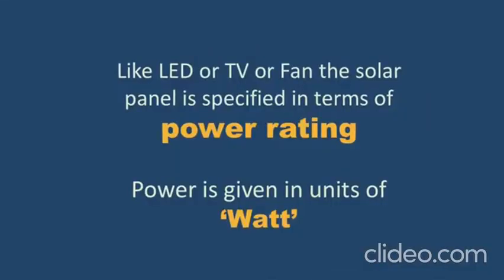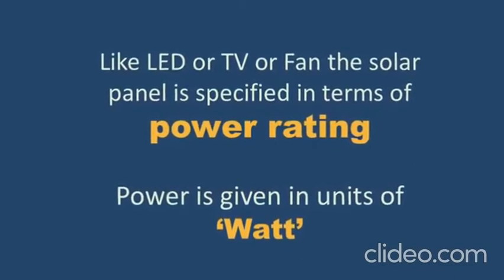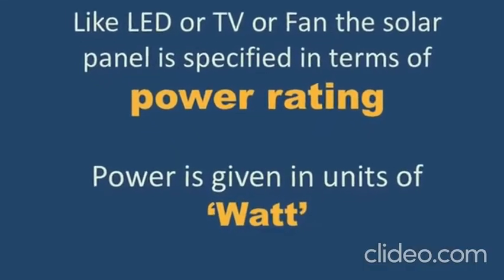So how do we specify a solar panel? Like we specify a LED or a TV or a washing machine in terms of its power rating. We specify power plant in terms of power rating. Similar to that, we specify a solar panel in terms of its power rating. And what is the unit of the power? Watt, that we have learned already.